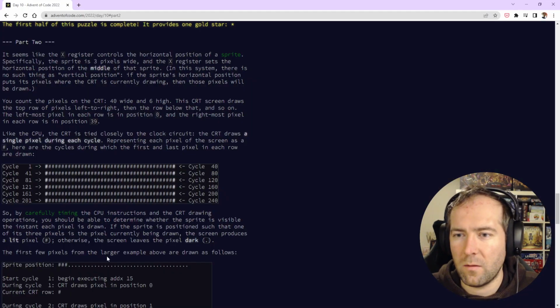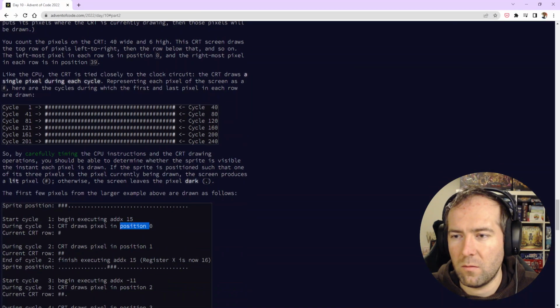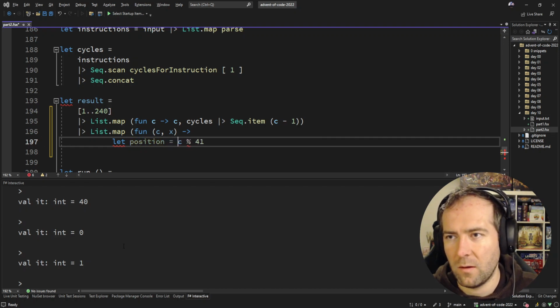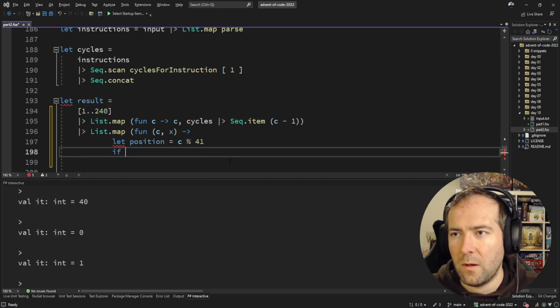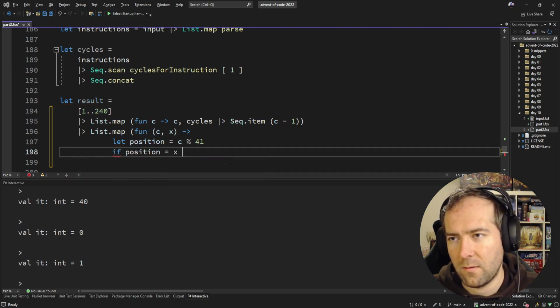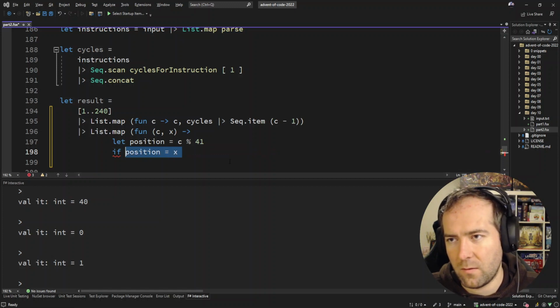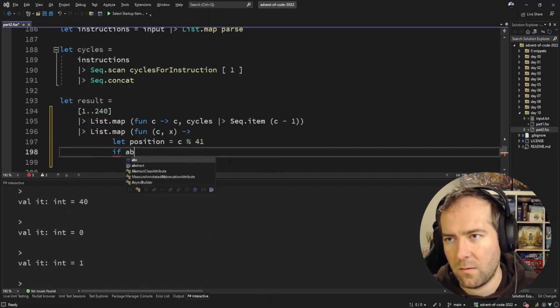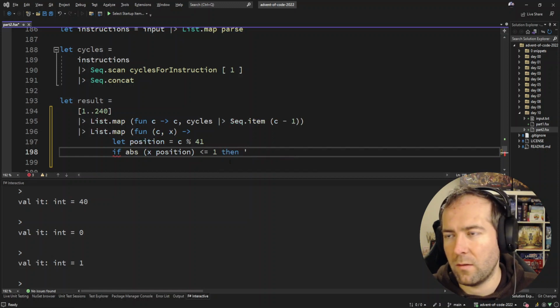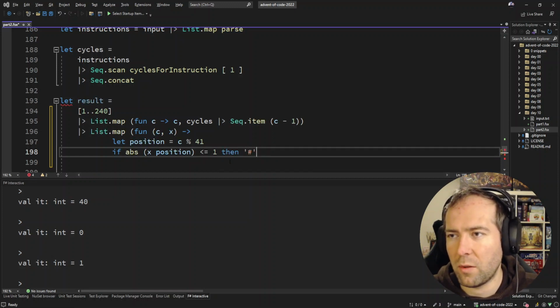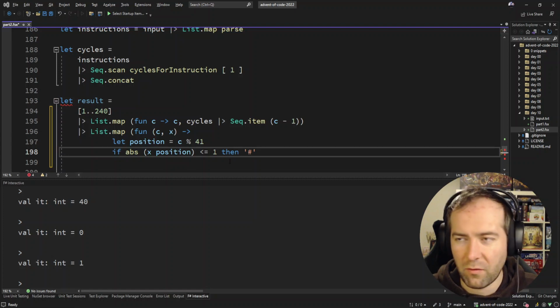What is this thing called? Position. Yeah, let's call it position. And if position equals x, no, let's... then we have a bang if it's one apart or overlapping because our sprite is 3 wide.